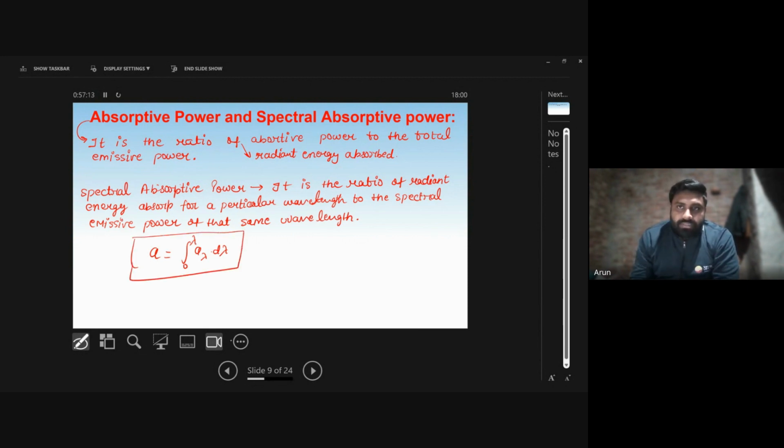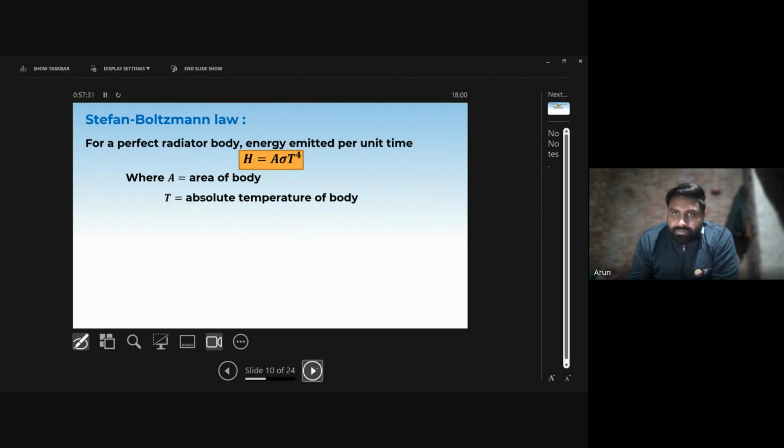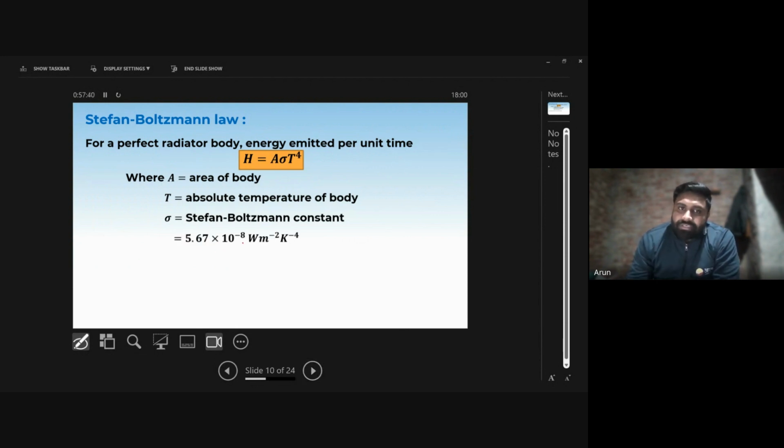Now, the Stefan-Boltzmann law: for a perfect radiator body, energy emitted per unit time is given by H equals A sigma T raised to the power 4, where A is the area, T is the absolute temperature of the body in Kelvin, and sigma is the Stefan-Boltzmann constant, which has a value of 5.67 times 10 raised to the power minus 8 watt per meter square per Kelvin raised to the power 4.